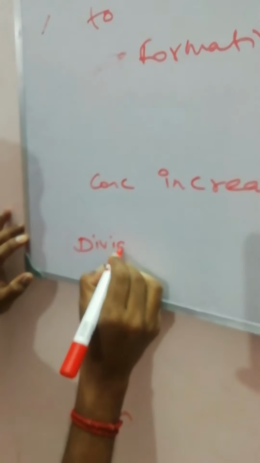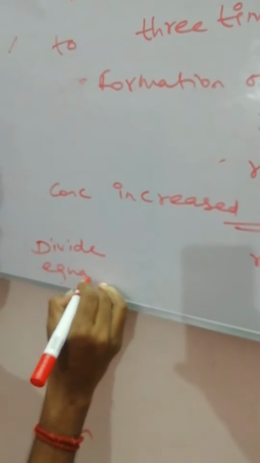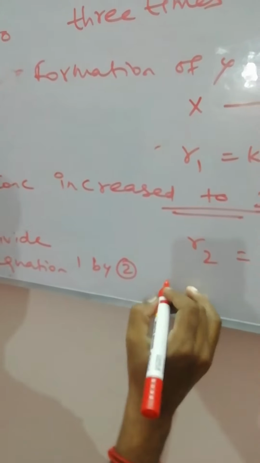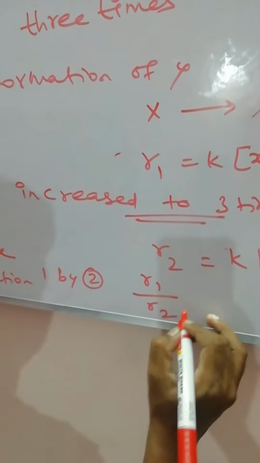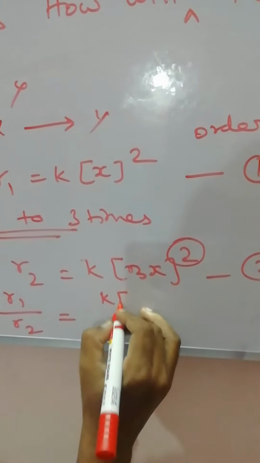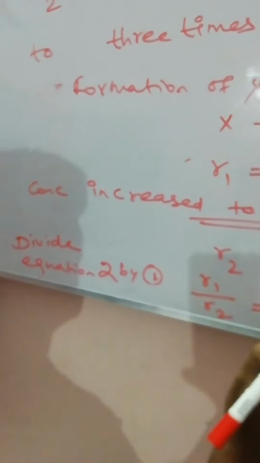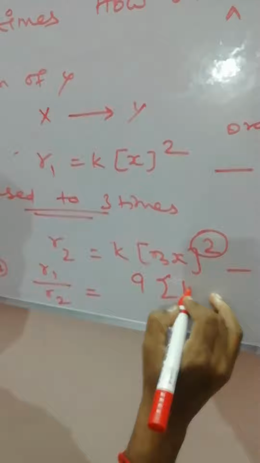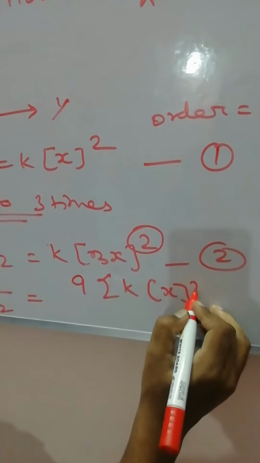So we have to divide equation 1 by 2. R1 by R2 is equal to K into X square by 9 into K into X square.